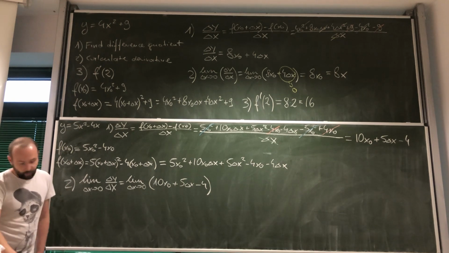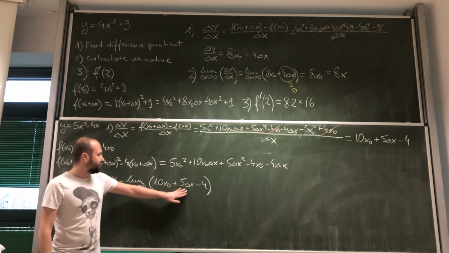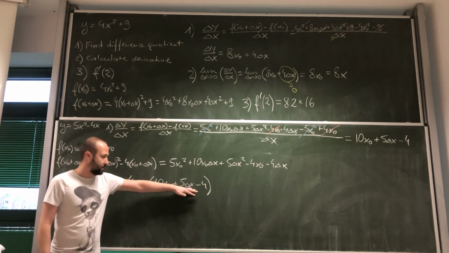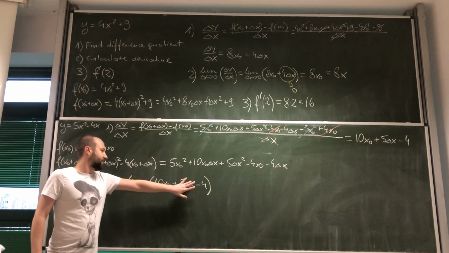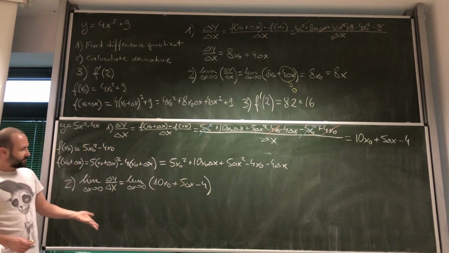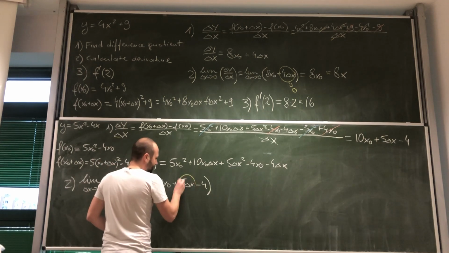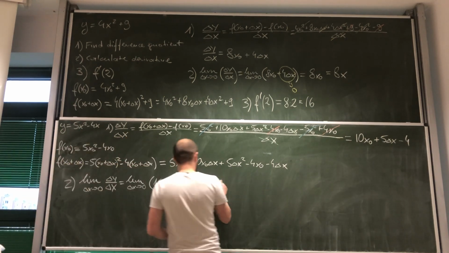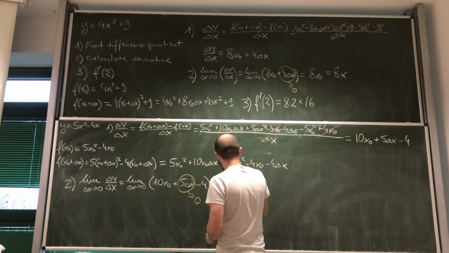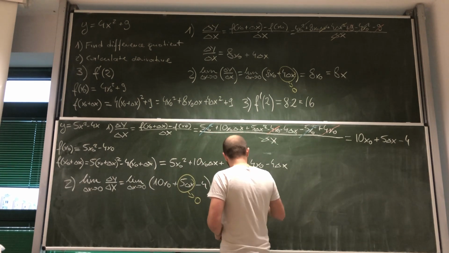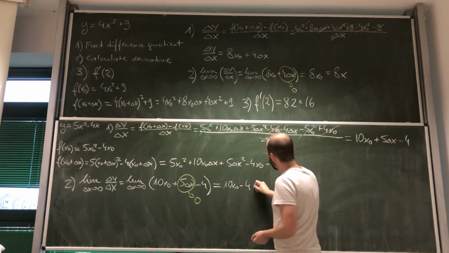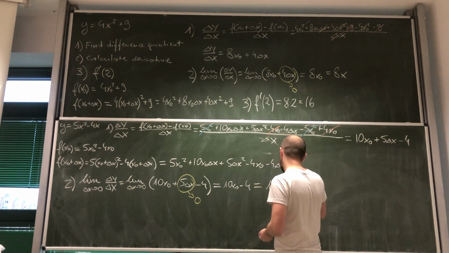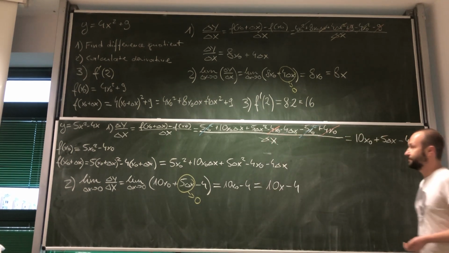And again, we clearly see that the only expression with delta x is this one. So when delta x is going to 0, 5 times delta x is also going to be 0. So we get 10x0 minus 4, or, because x can be any number, 10x minus 4.